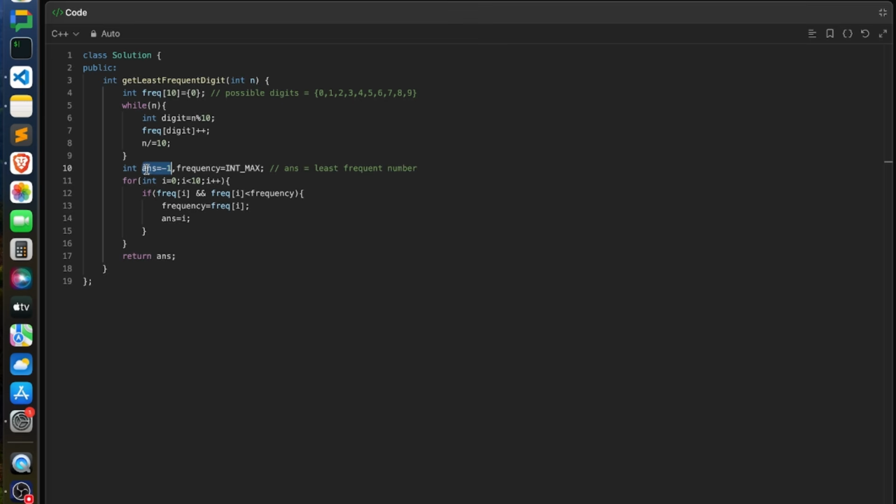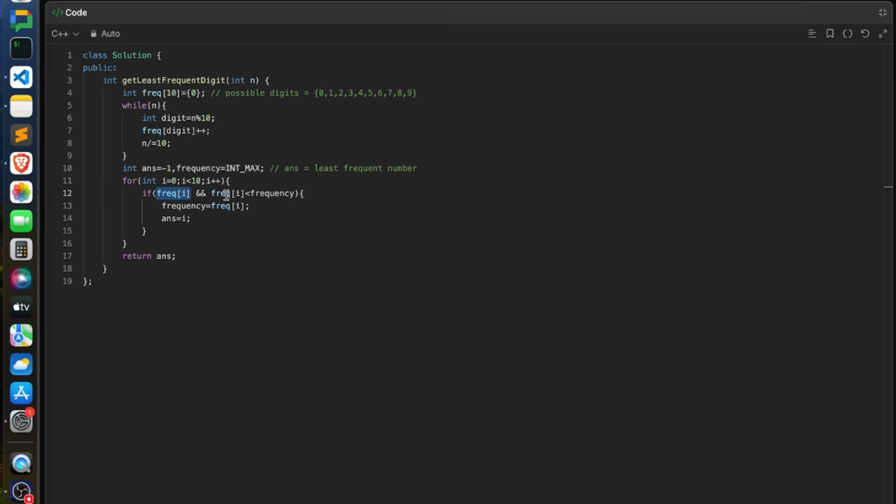I took an answer variable and a frequency variable, initialized to -1 and int max. Now I'm going through each possible digit from 0 to 9. I check if the current frequency is positive, meaning this digit i is present at least once in the given integer n.